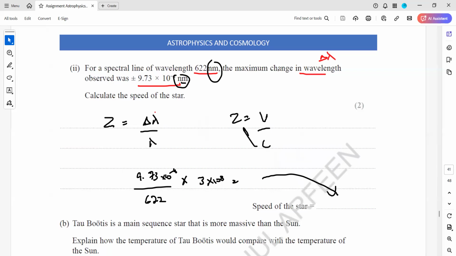What's the answer here? 469.2. Okay. So we got 469.2 meters per second.